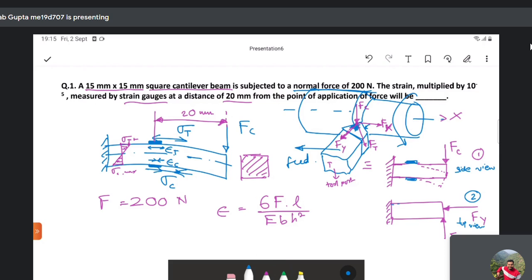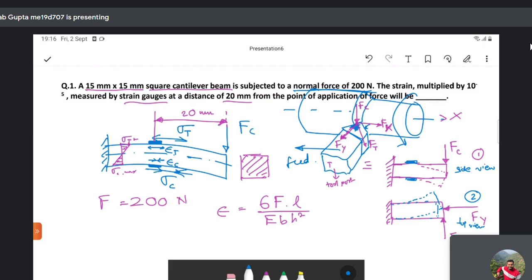Due to the action of Fx, it will try to bend in this direction, and due to Fy, it will try to compress. I am exaggerating this effect. These deformation values will be very small. As we are finding epsilon, you can estimate how little this deformation is.